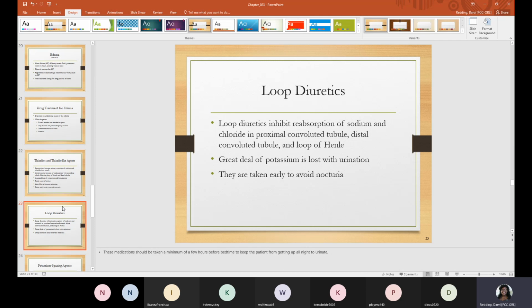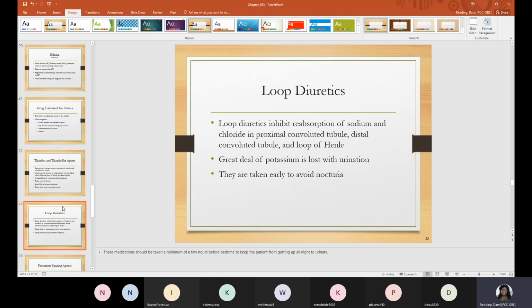Other examples of the diuretics would be the loop diuretics. And so the loop diuretics work by inhibiting the reabsorption of sodium and chloride in the proximal convoluted tubule and the distal convoluted tubule and the loop of Henle. It works with a great deal of potassium. When a person takes a loop diuretic, there's a great deal of potassium that's lost with urination.